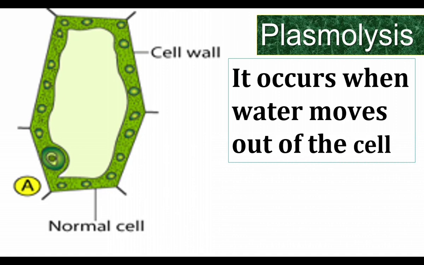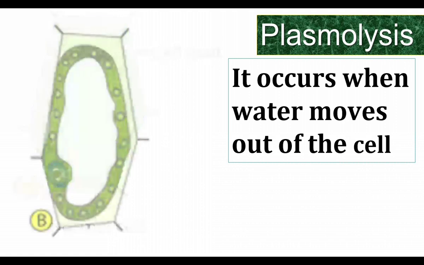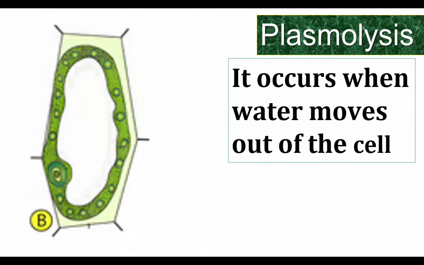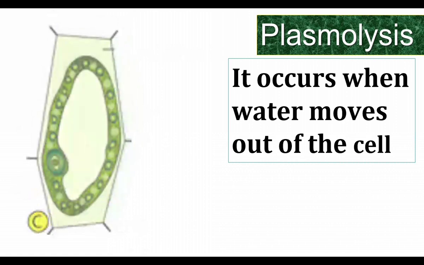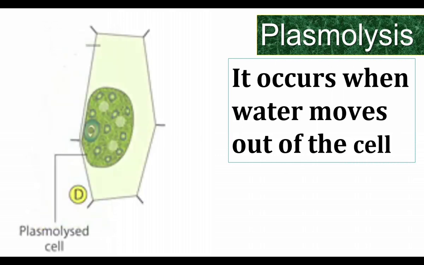The plasma membrane shrinks and moves away from the cell wall. As water moves outside, the plasma membrane constricts. Due to further loss of water, the plasma membrane again moves away from the cell wall. Finally, the cell becomes a plasmolysed cell.